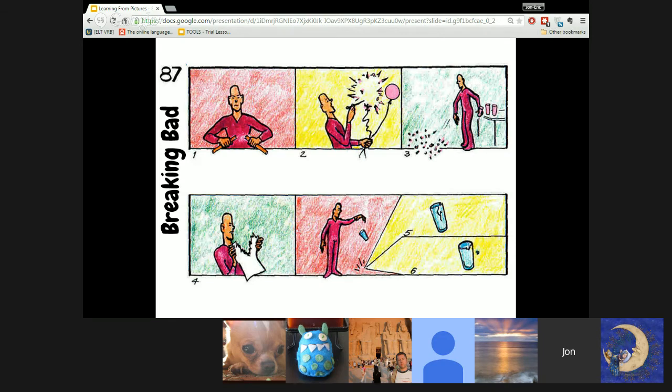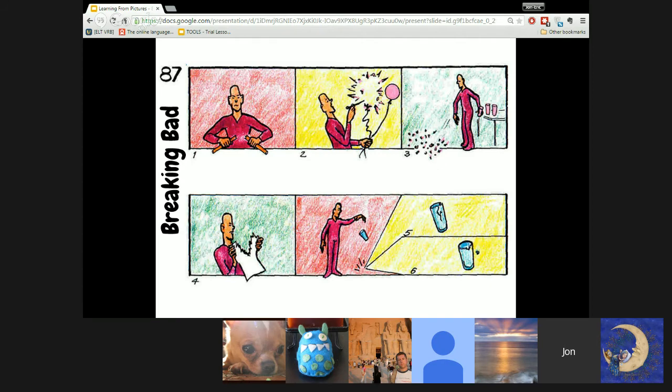Glass shatters. Or you can say that the man is smashing the glass. Smash and shatters for number three. So the man shatters glass. The man smashes a glass. Both of them are good. Right, Roberto? Shatters and smash.